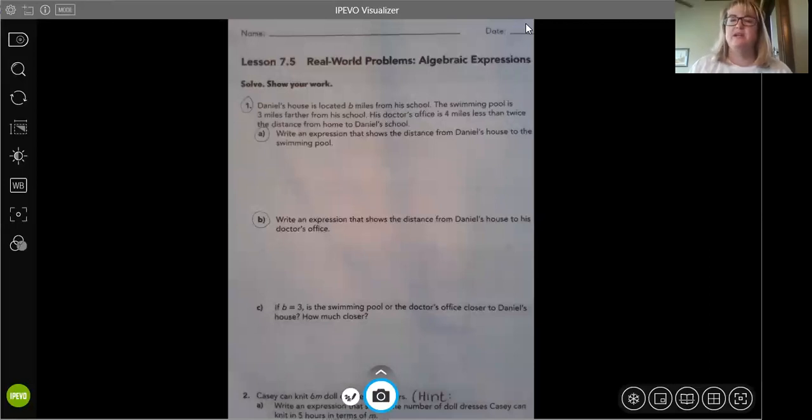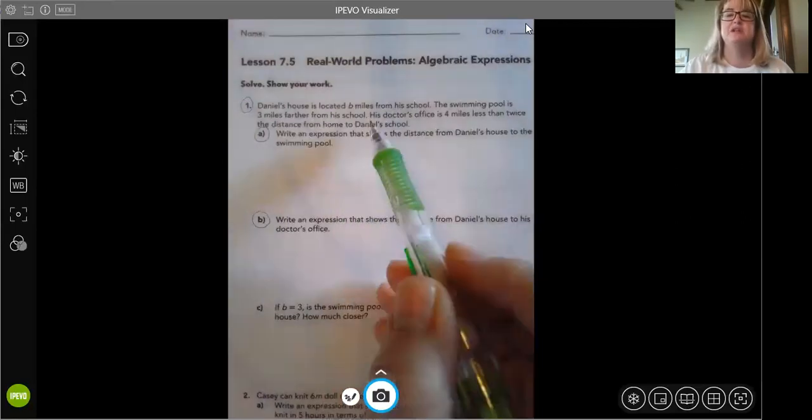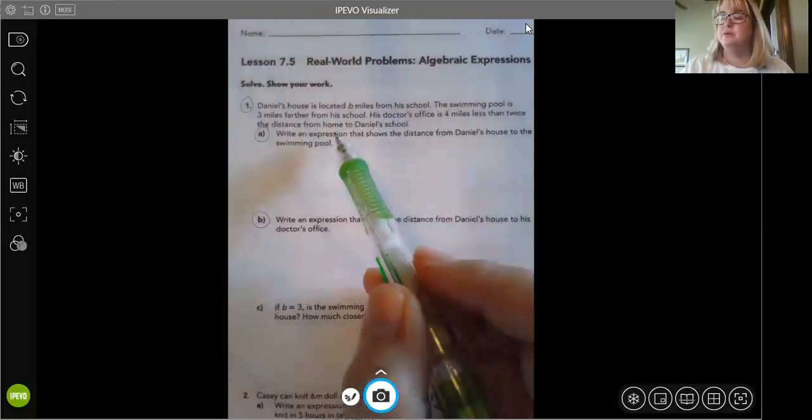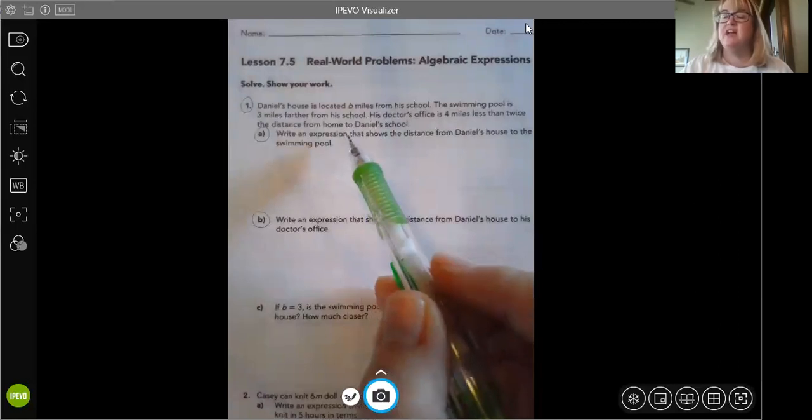Okay, so we need to take a look at what we have. We know that Daniel's house is B miles from his school, and the question asks about the swimming pool. The swimming pool is 3 miles farther from his school. So he has to go from his house to his school and then go 3 miles farther.